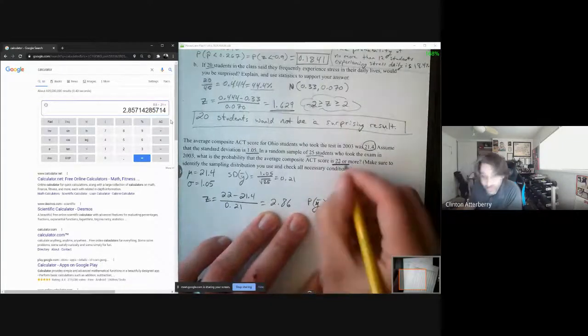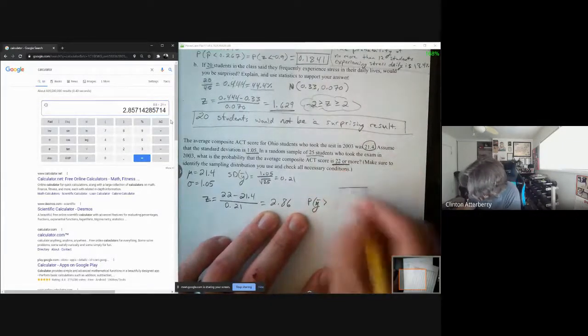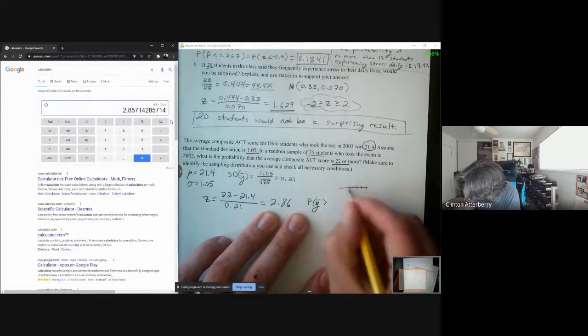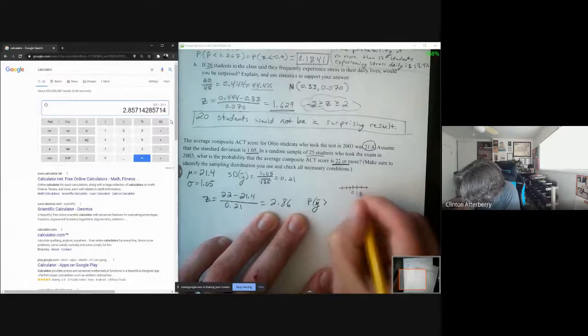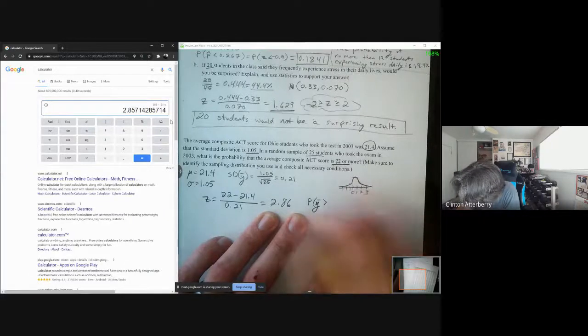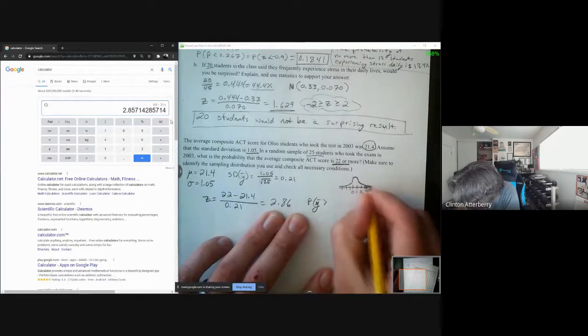So this is going to be the right side shaded. Once again, if this is your z-score, like 1, 2, 3, it's going to look something like a little small piece over here.